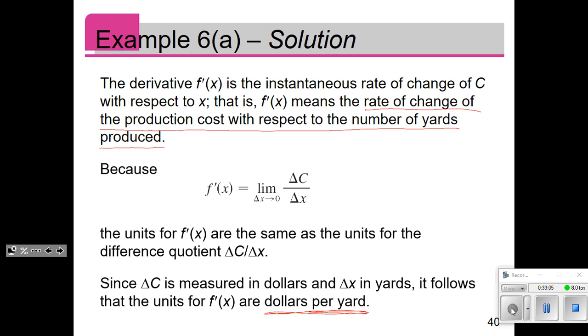We're talking cost based on yards produced, so dollars per yard. Before we go any farther, my guess is that the cost per yard goes down the more yards you produce.